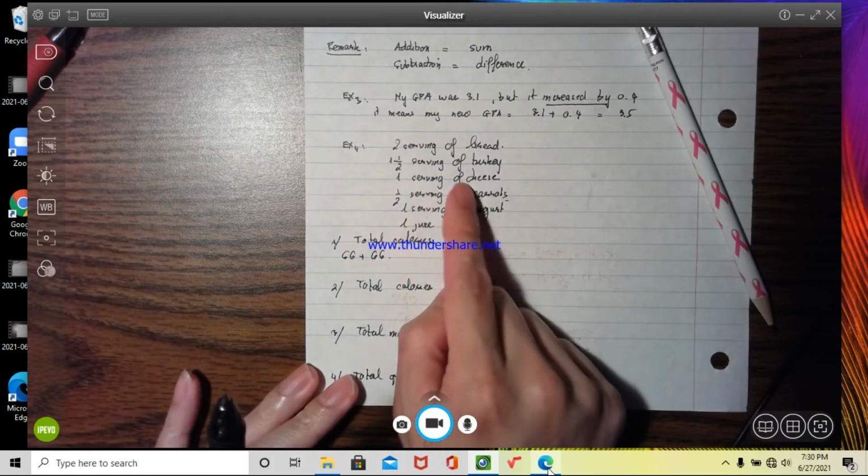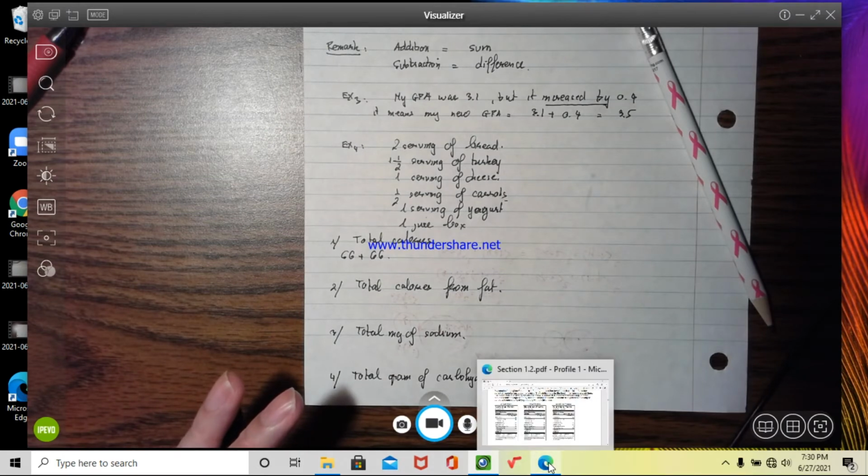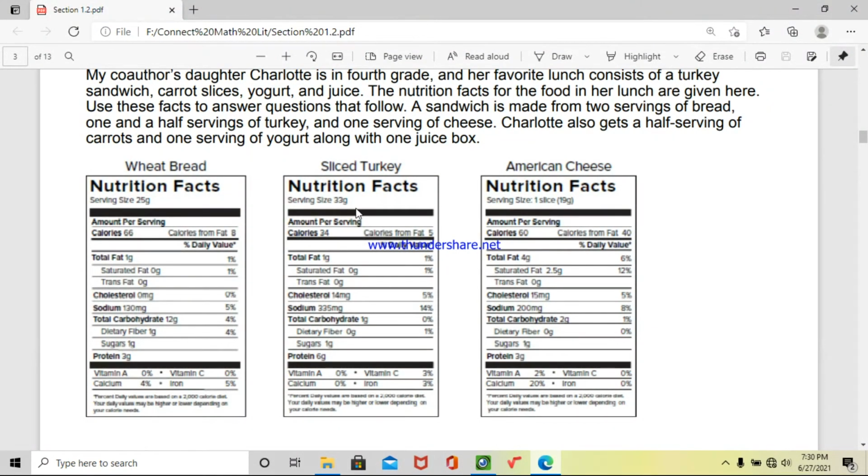We have 1.5 servings of turkey. So we look at turkey. The total calorie for 1 serving of turkey is 34. So I add 34, and I add 34 divided by 2 because it's 1.5.